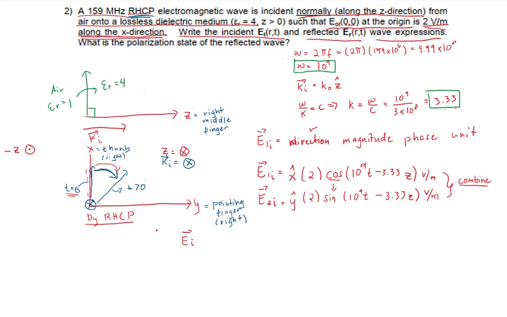E sub I is going to be x hat, magnitude, cosine of omega t minus 3.33 z, just remember it's along the z axis, k that is, then plus y hat 2 sine of omega t minus k, that is along the z-axis.